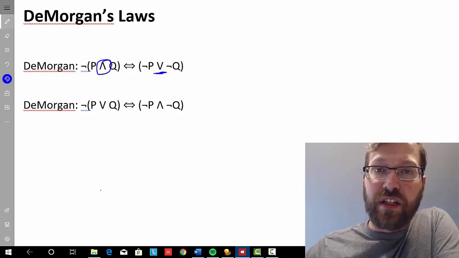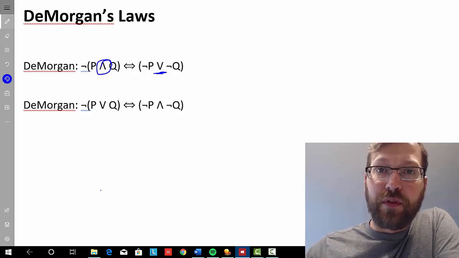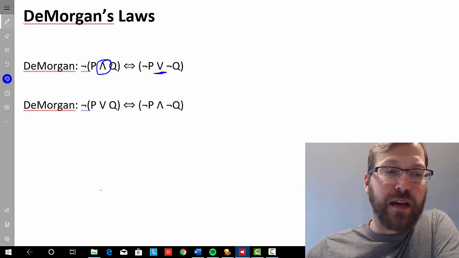So we can change those sentences out and preserve the truth value. That is, it would be a valid inference to move between one or the other since they say the same thing.